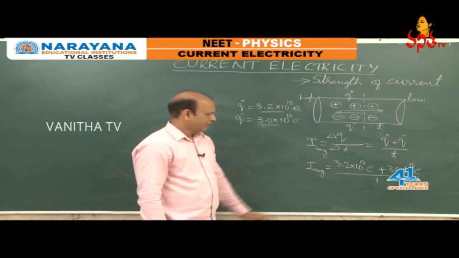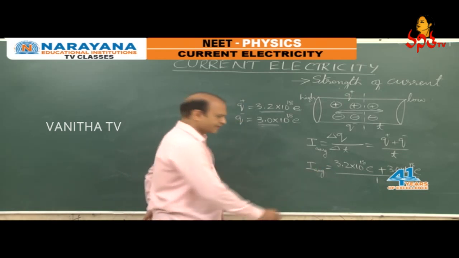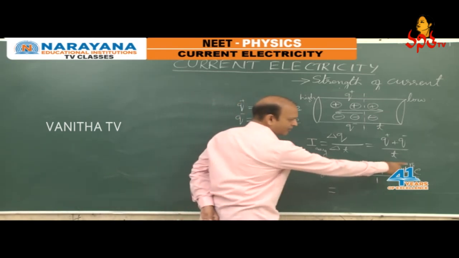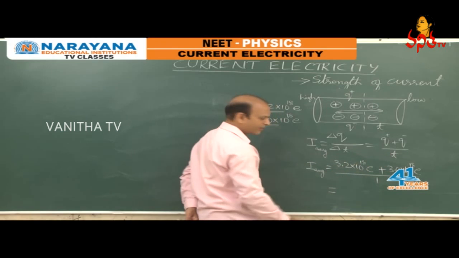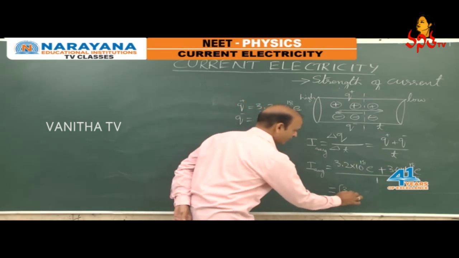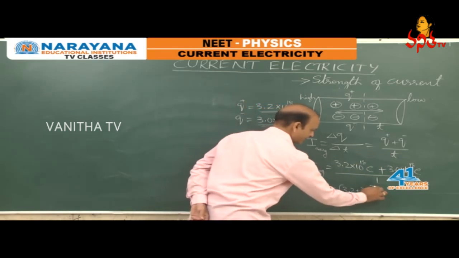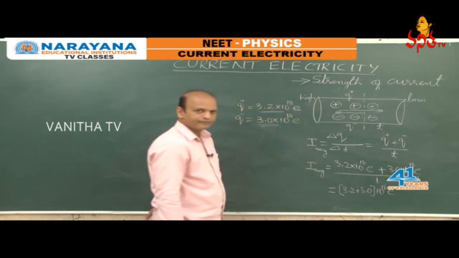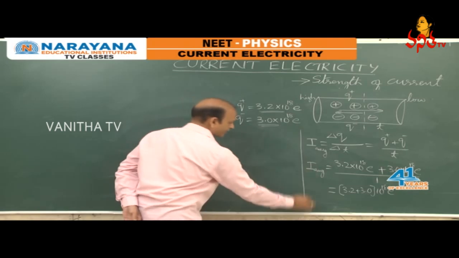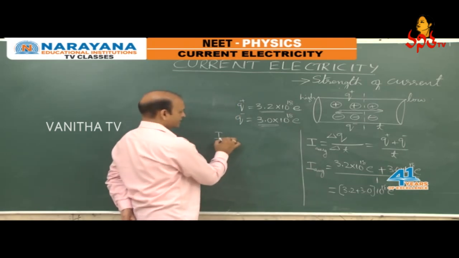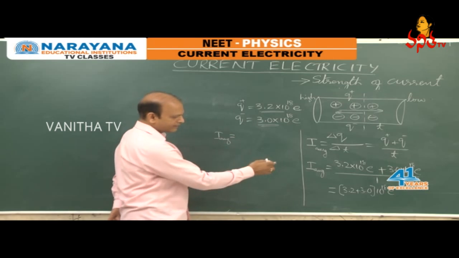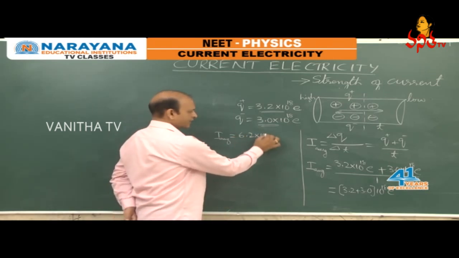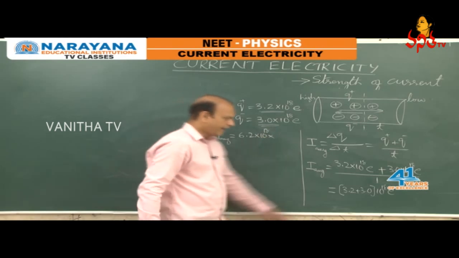Okay. So then what amount of current is this? e is common, 10 power 18 is also common. So if you take that common, we will have 3.2 plus 3.0 into 10 to the power of 18 times the electron charge. That becomes the average current: 3.2 plus 3.0, that is 6.2 into 10 to the power of 18 into the electron charge value.